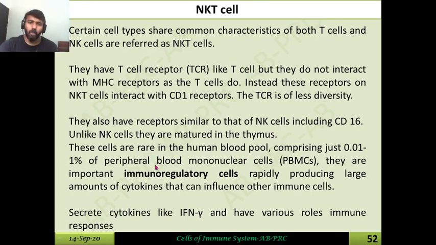But the concentration is comparatively very low, only 0.01 to 1% of the peripheral blood mononuclear cells. Out of the total cells, only 0.01 to 1% will be NK T cells, very rare. And they show some immunoregulatory properties also. They secrete chemicals like interferon gamma, and these chemicals have some significant role.